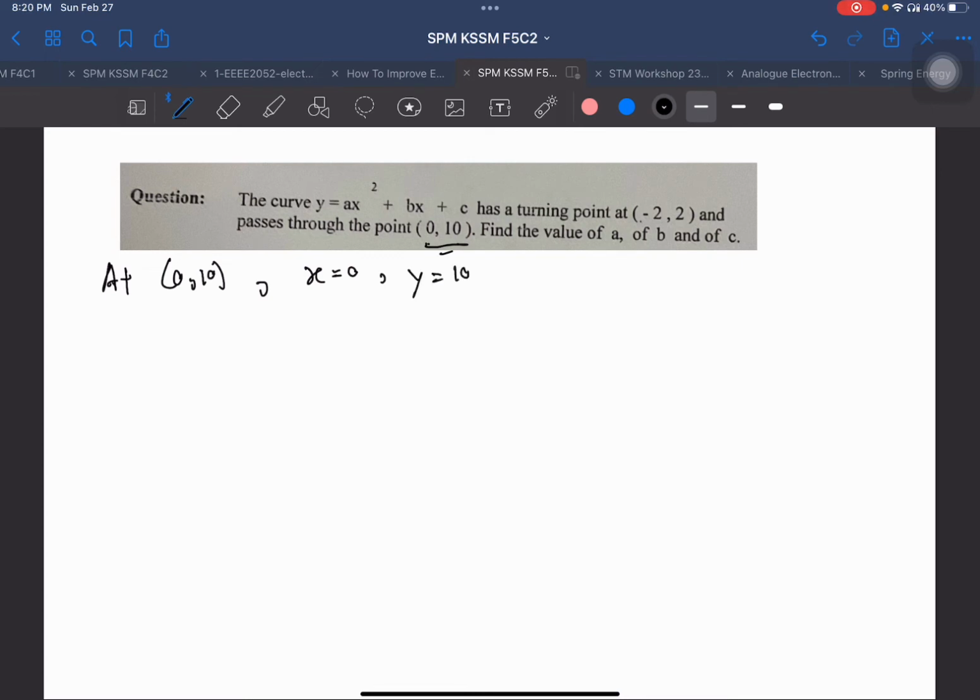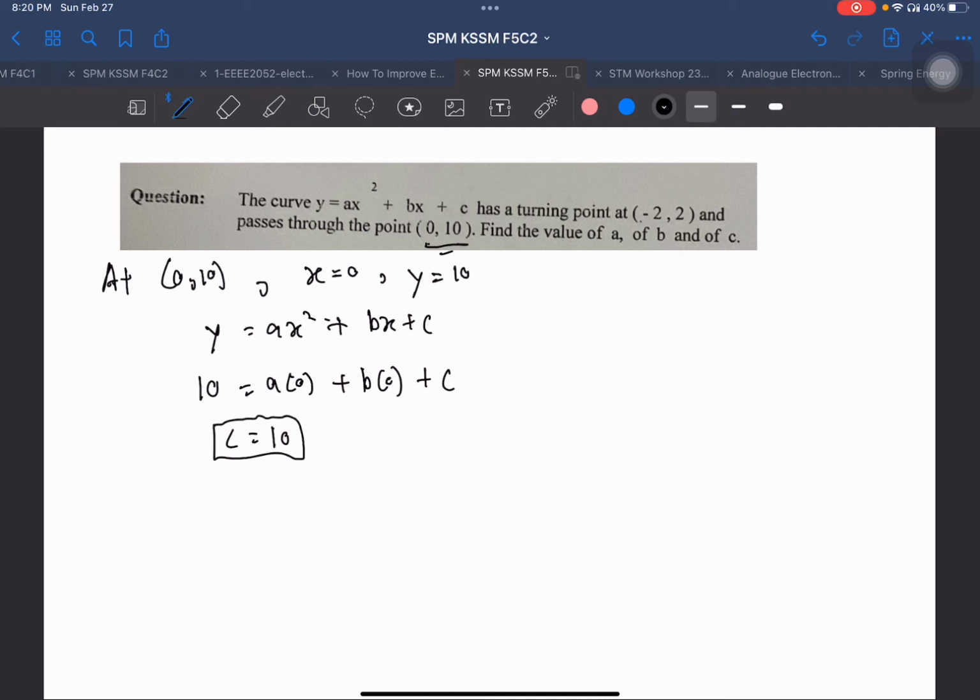So can you find the y-intercept, which is c? Yes. This is the general formula. At this point y is 10 and x is 0, so just plug in 0. Then you are left with c equals 10.